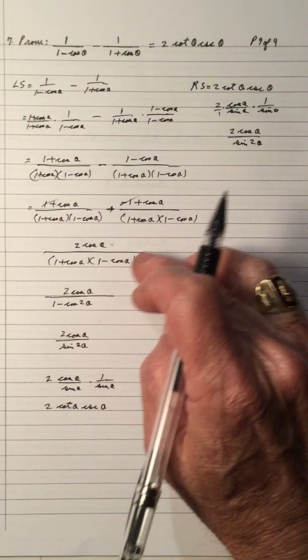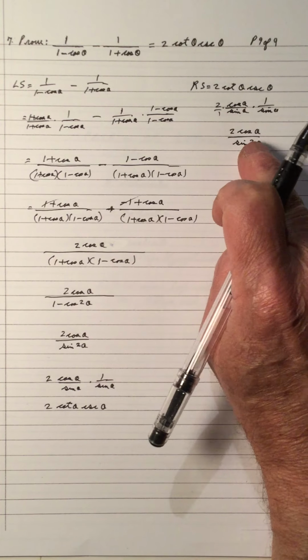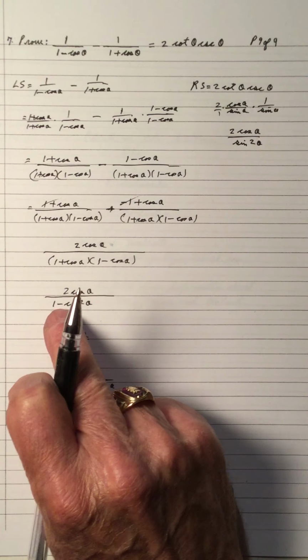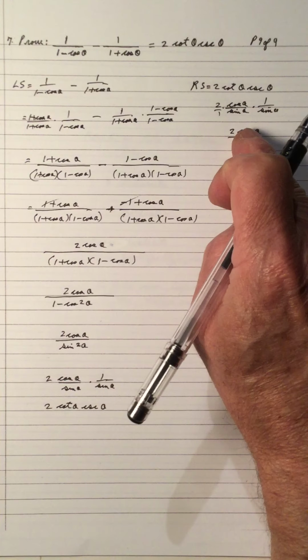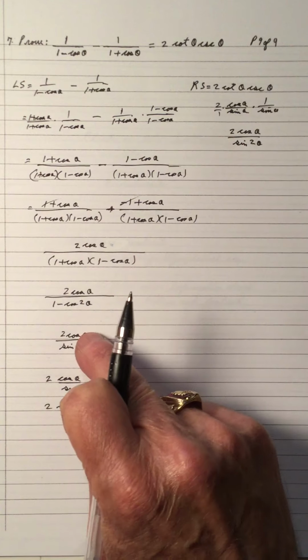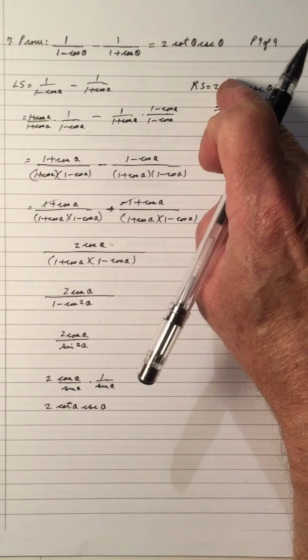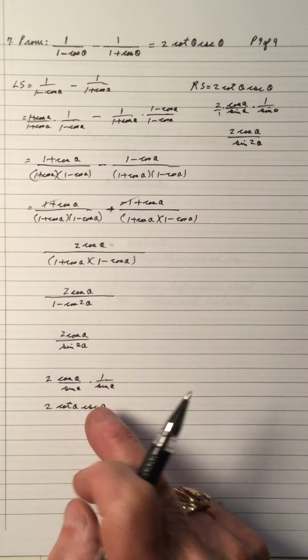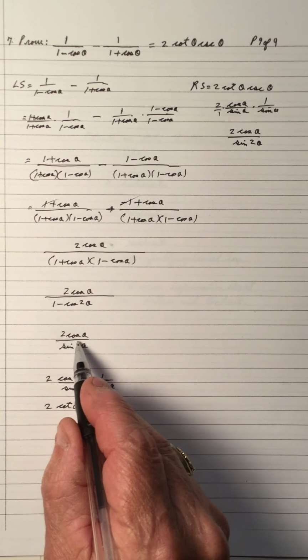So notice I worked it out. I got here and I noticed that sine squared was the same as 1 minus cos squared, so I changed it. And then from there, these two are the same here and here. So I took this step and moved it right there. And I took this step and moved it right there. And this makes sense. So if you multiply all this right here, you will get that.